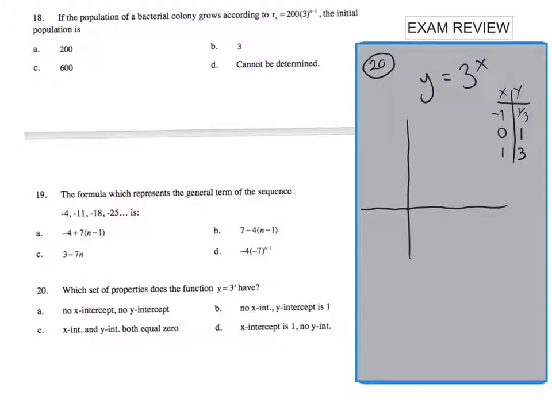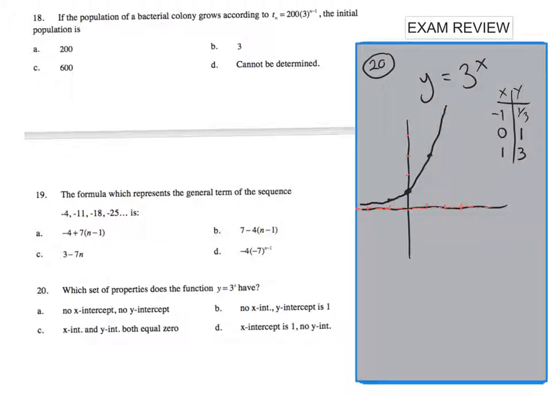And if you remember where these things work, they're all very similar. So we've got 0, 1, 1, 3 is there, and then negative 1, 1/3. And the graph comes down, and it has an asymptote at y equals 0.